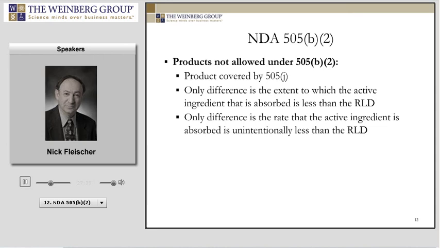So with some of the issues that are associated with the 505(b)(2) NDA, some of the products that are covered by a 505(j) cannot be filed as a 505(b)(2) NDA. As I said earlier, if it can fall under the ANDA rules, it needs to be filed as an ANDA.